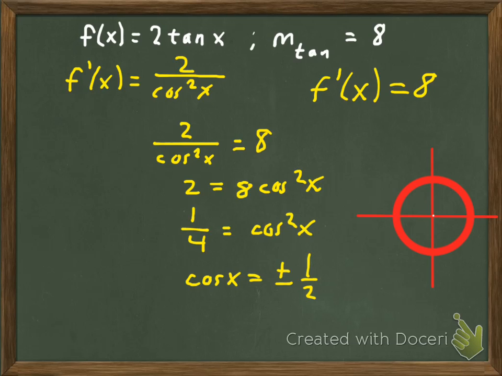Alright, remember we already said at pi over 3 the cosine of an angle is equal to 1/2, and we also said at 2 pi over 3 the cosine of an angle is equal to negative 1/2. But we also have to consider the third and fourth quadrants here. At 4 pi over 3 and at 5 pi over 3 we also get 1/2 or negative 1/2 for the cosine.